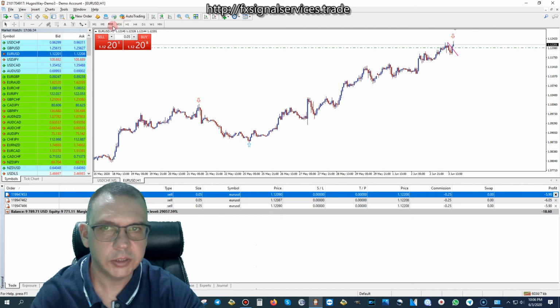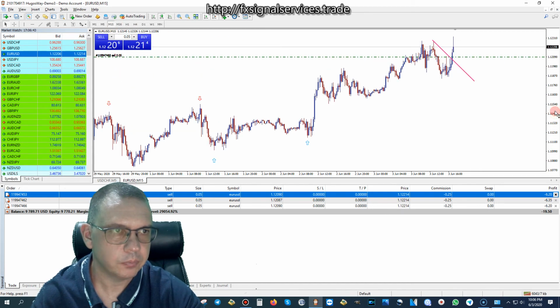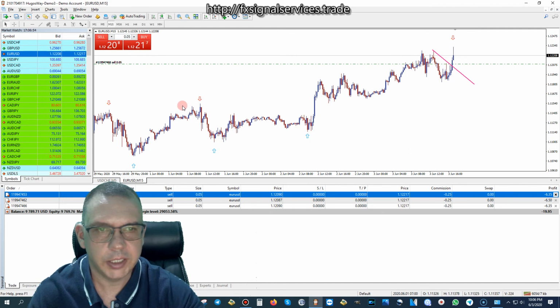What I would like to do is close the trade when I get an opposite blue arrow. Okay, maybe even a 15-minute chart should be okay. Okay, if I get a blue arrow on the 15-minute chart, I can close it, take my profit, and I don't know how much I would get.